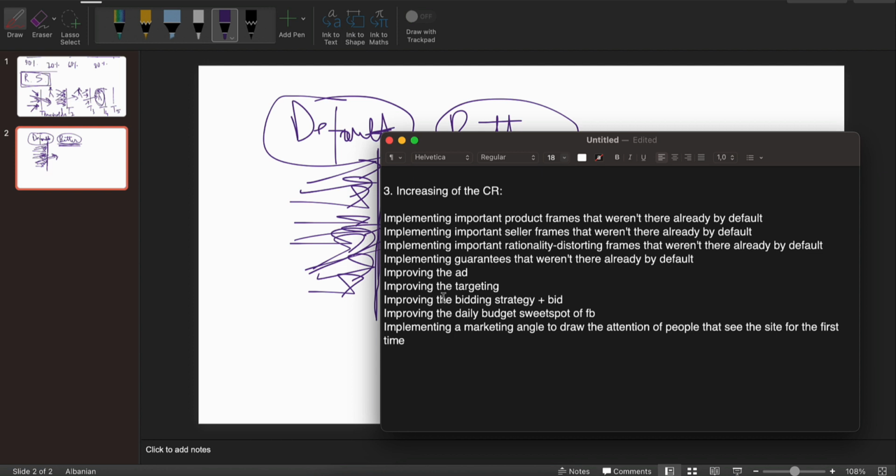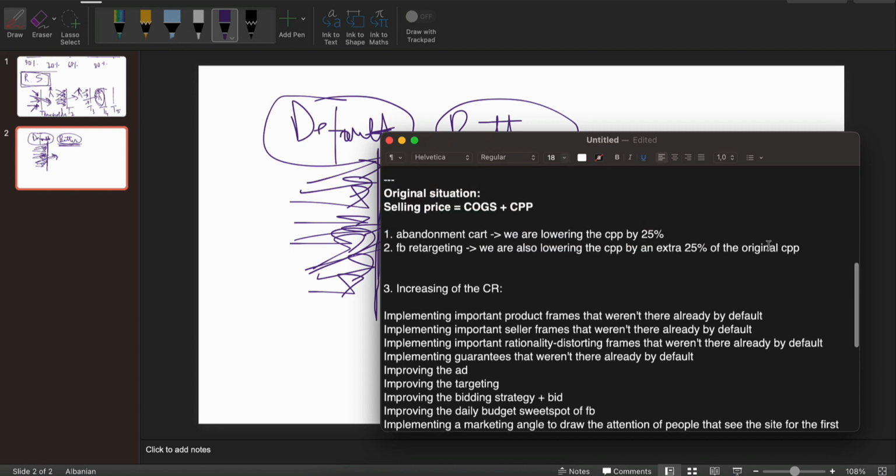Okay, so I'm going to say we are going to succeed in improving the conversion rate by only a little. Let's say that we improve the conversion rate from X% by an additional 0.2%. That's it. So for example, it increases from 2% to 2.2%, right? So I'm extremely conservative. We will take this into the mix.